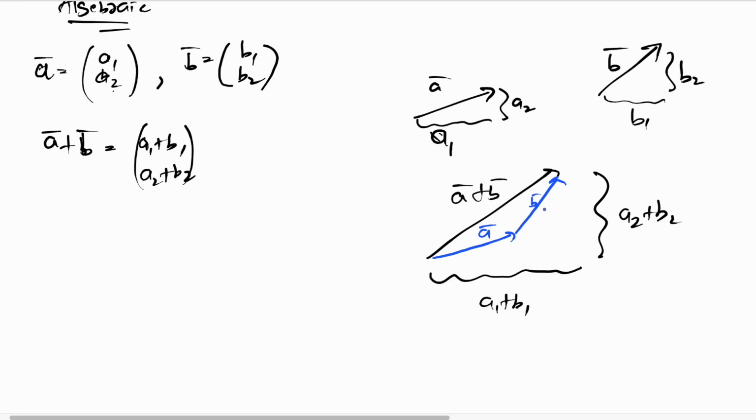Now, if I align a bar and b bar next to each other, I can see the total distance from this point to this point here horizontally is nothing but a1 plus b1, and similarly the vertical distance is a2 plus b2. So if I have to add two vectors, addition is represented by connecting the tail to the head of the second vector. This is called the triangle law of vector addition.